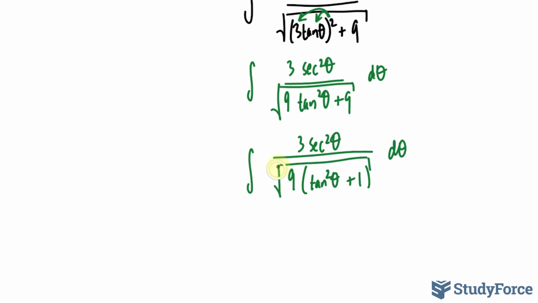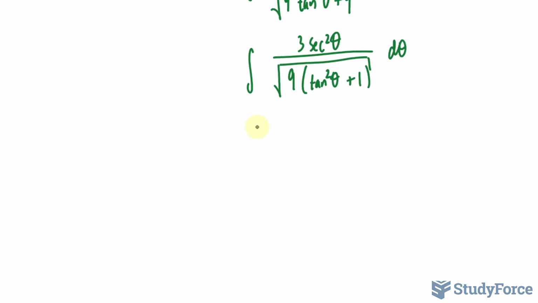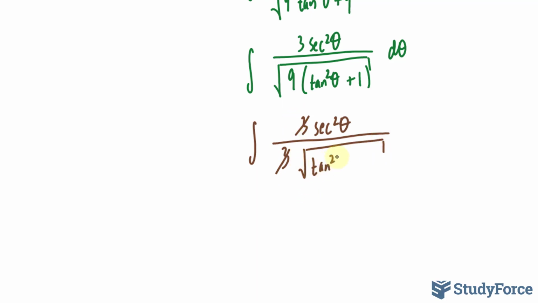So I can distribute this radical to the 9 and to this other factor, which gives me the integral of, once again, 3 secant squared theta, and the square root of 9 is 3. So I'll pull that out. That will cancel out with this 3. And still underneath the radical is tangent squared theta plus 1.